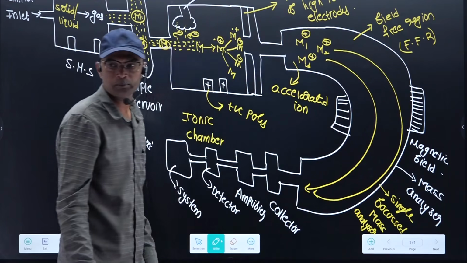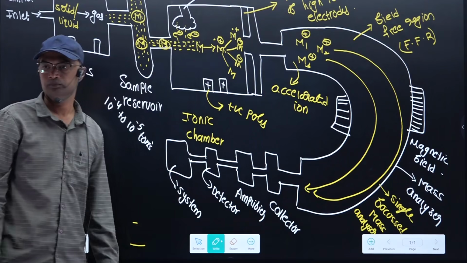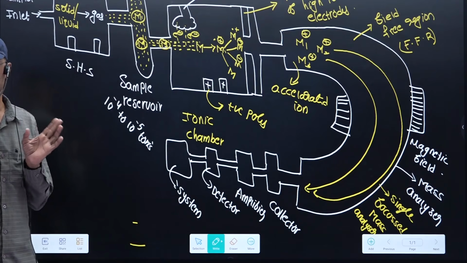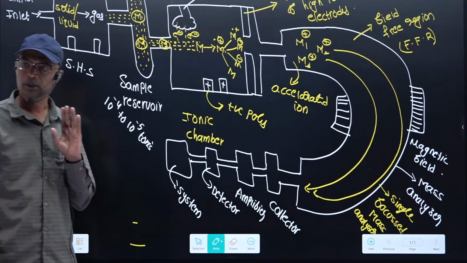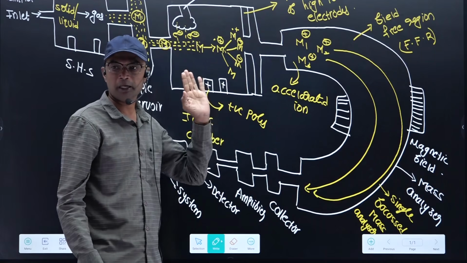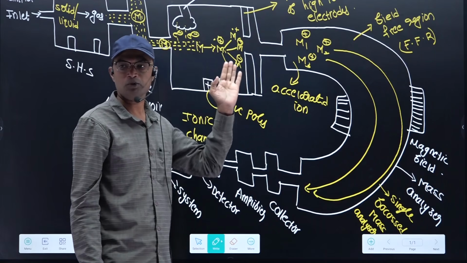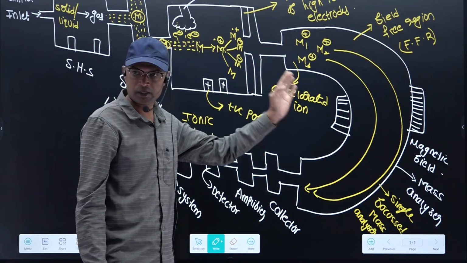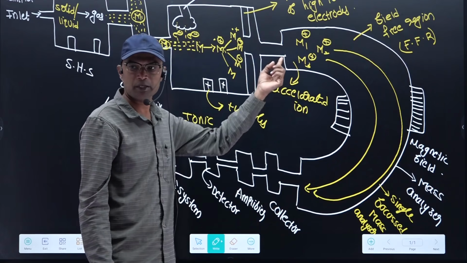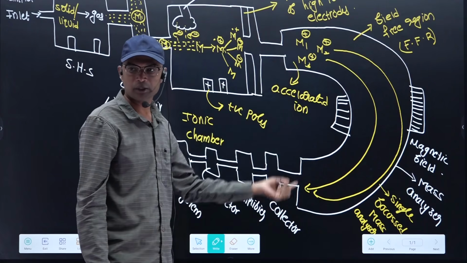That is called time of flight down, or otherwise flight down path. Both are the same: flight down path, otherwise time of flight. It is the time taken by the cations produced in the mass analyzer from inlet to outlet, from the ionic chamber to the collector.